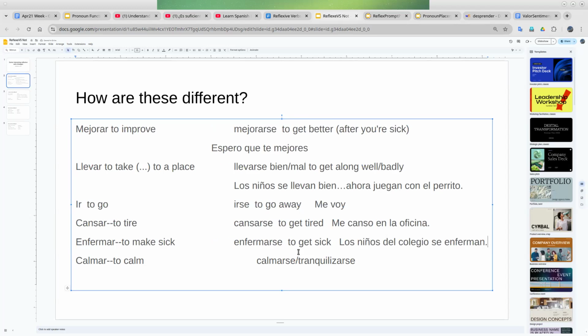The school kids get sick, right? And to say this idea of they get sick themselves, we would never express it with themselves, but it's that idea of get sick. That's the English idea of how we express it. And Spanish will use a reflexive to do that.